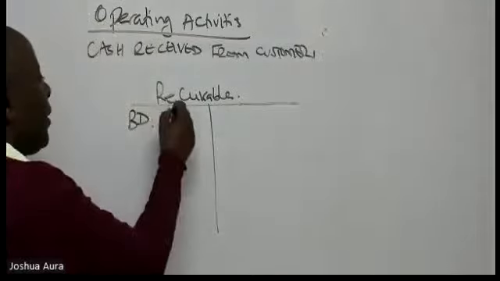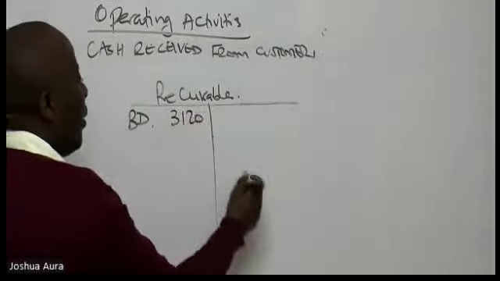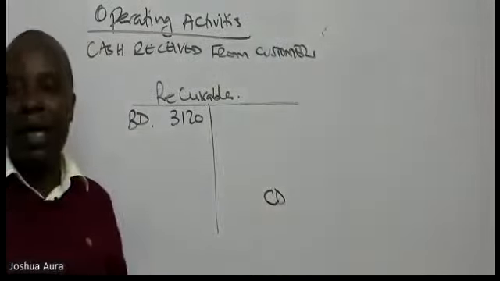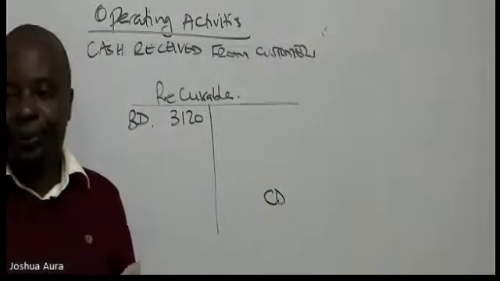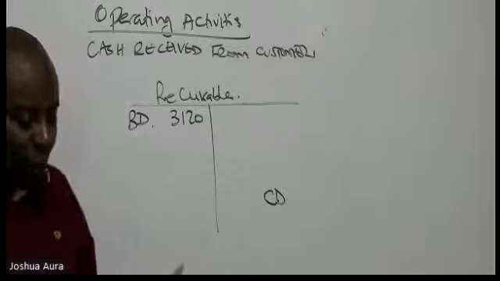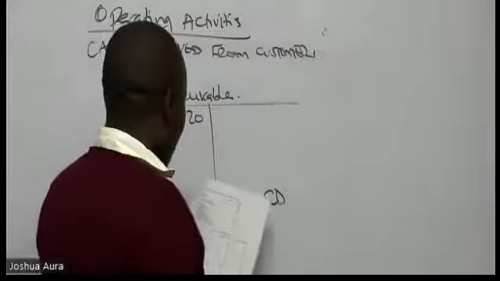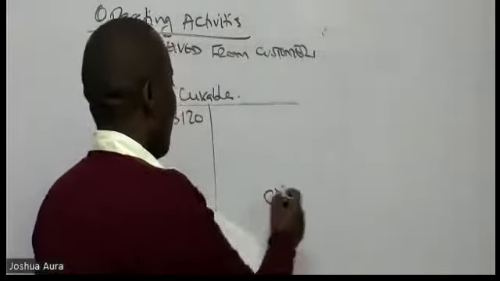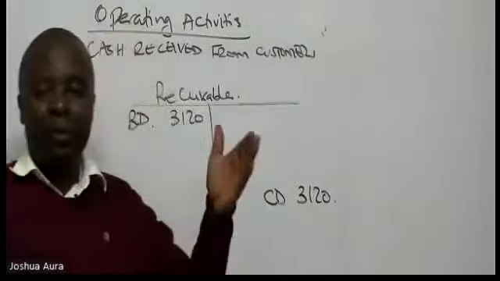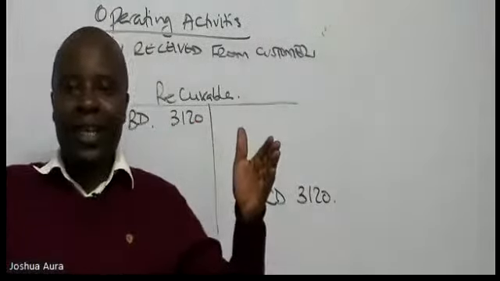So we have here 3120. How about balance carried down? Again, 3120, you guys are bright. So we have here 3124. Yes, both of them. So we have receivables at the beginning, receivables at the end.